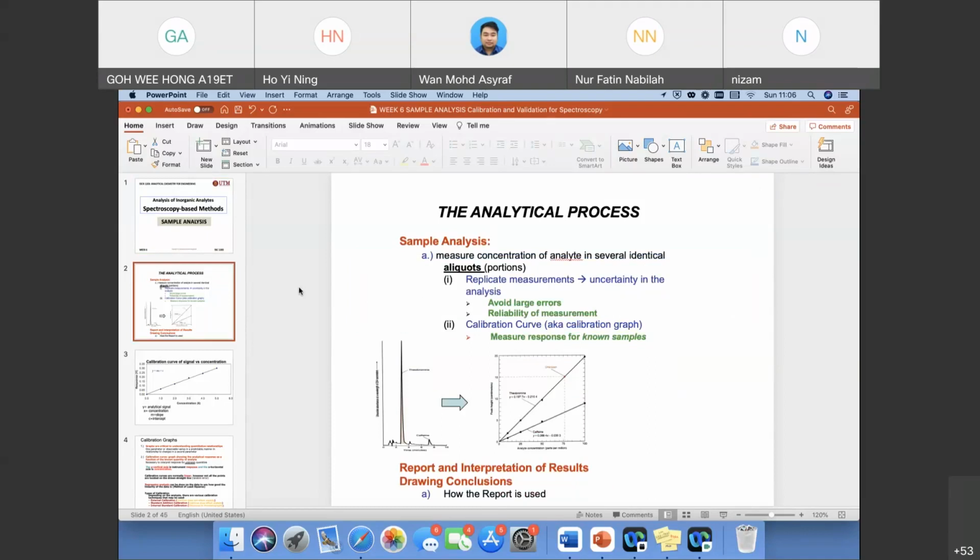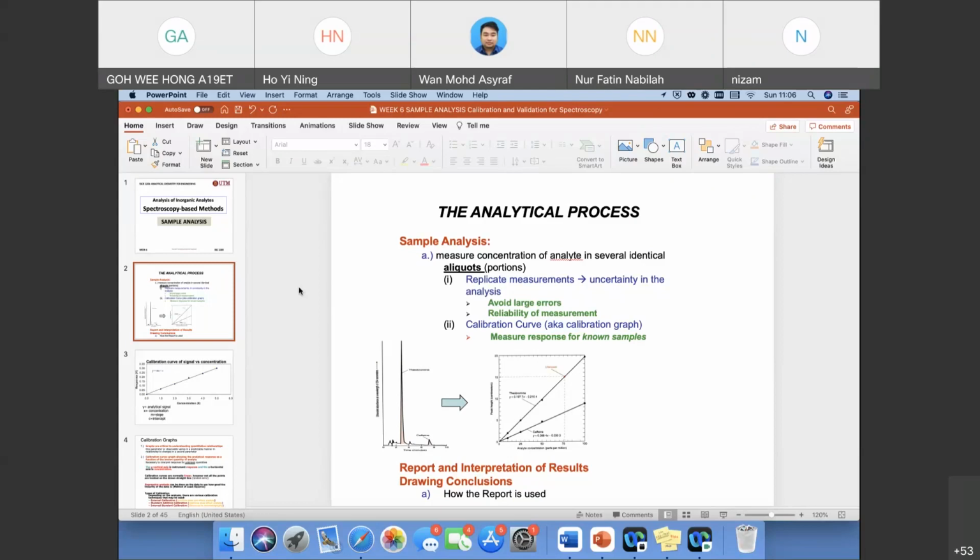Replicate measurement usually inside the analytical process, the normal way is for you to do it in triplicate, so 3 times. Okay, 3 times analysis per analyte, per sample. All right. So this replicate measurement would reduce the uncertainty in your analysis, where we will avoid large errors, and hence your measurement would be much more reliable. Okay, so that's the first thing.